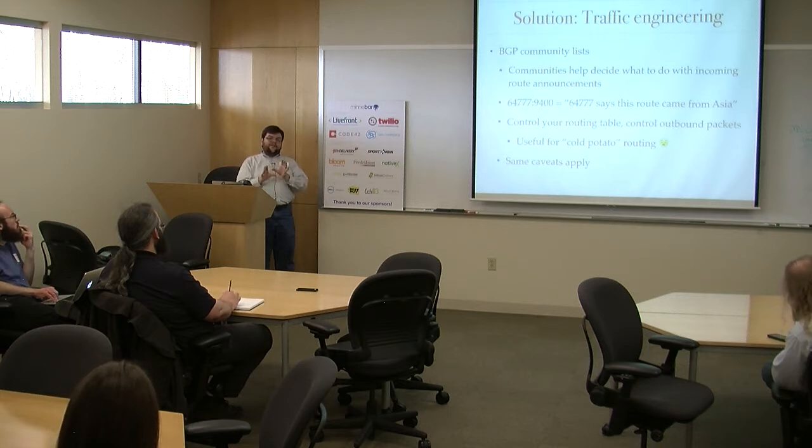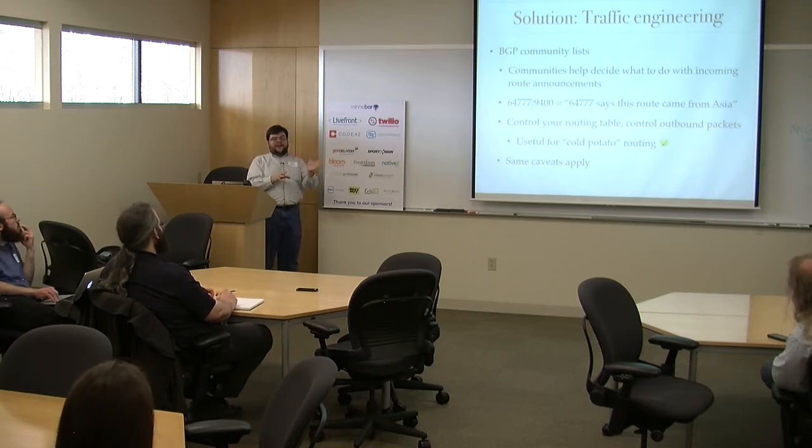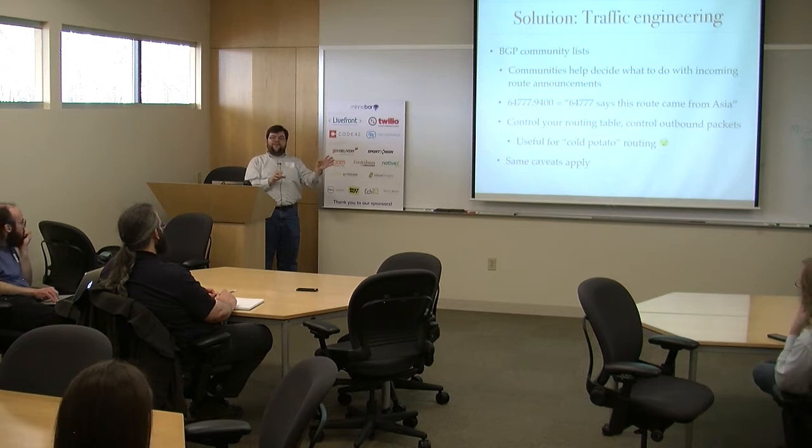The only way you have to manipulate incoming traffic is by deciding whether to tell an ISP that you have that route. So if you're in Australia and you're connecting to 2 or 3 different ISPs, one of them has a lot of global connectivity. They're a big provider. They have direct customers in Europe.